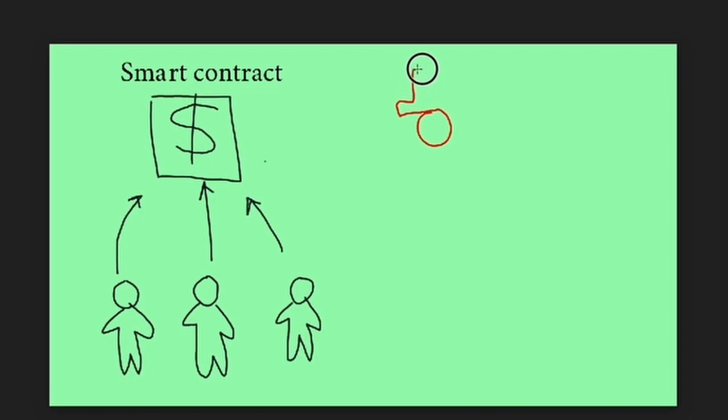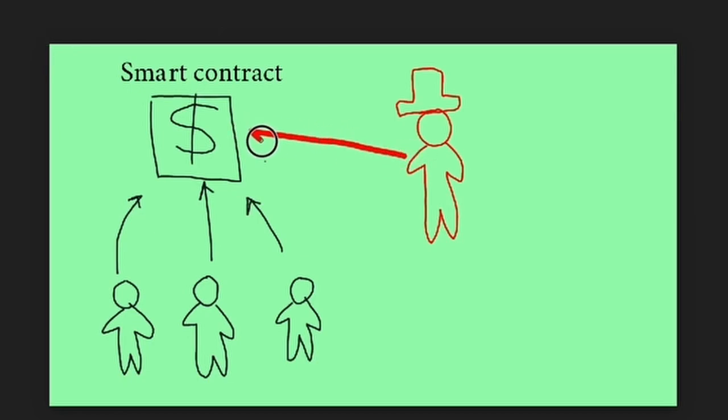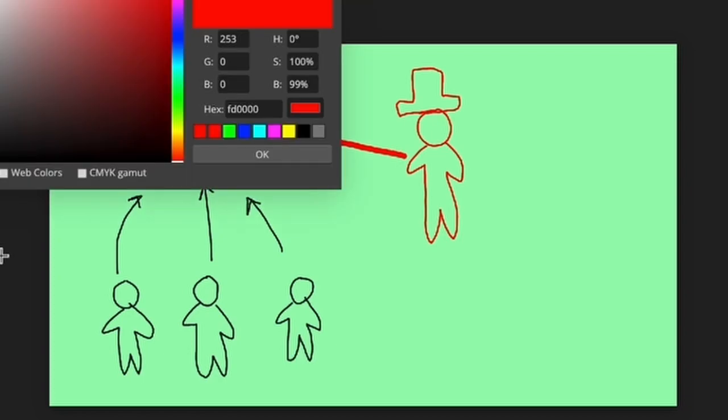We will also have a special account that we will call the manager or the owner of the contract, and only this person will be allowed to decide who gets to be the winner of all the money. Well, technically the person won't decide who takes the money.